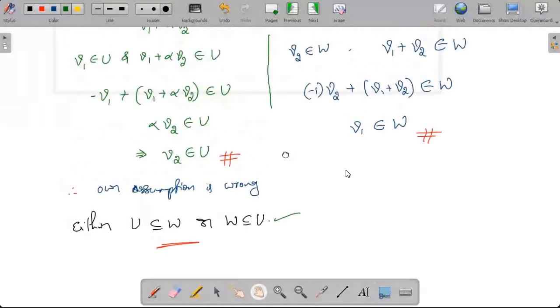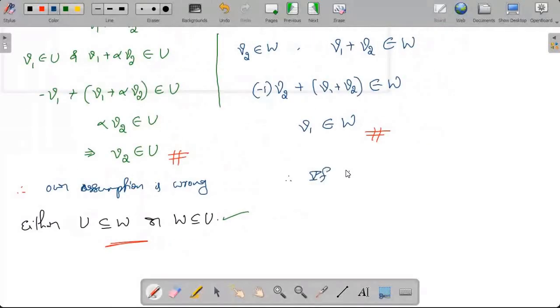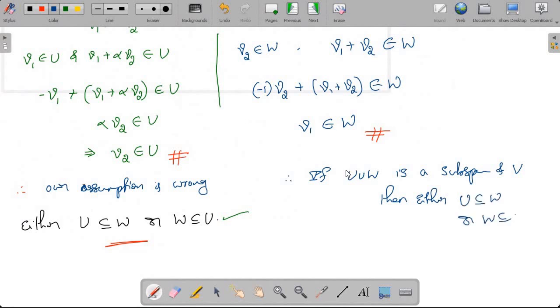So therefore the conclusion is this: if U union W is a subspace, then either U is contained in W or W is contained in U. That's it.